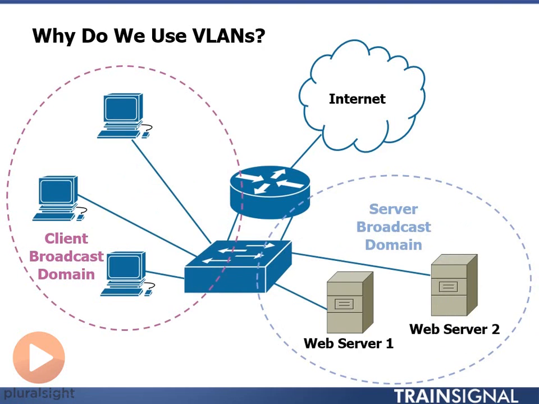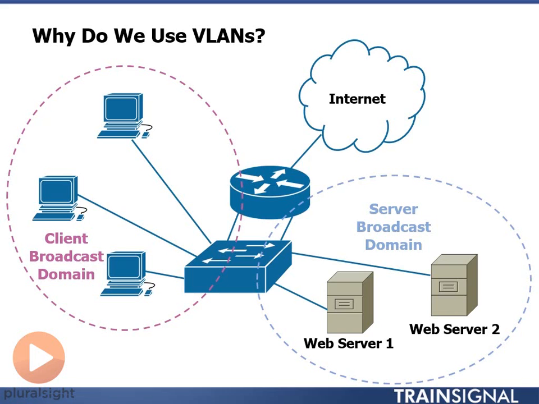You might be asking yourself, why would we just buy one switch and use VLANs versus buying two switches and not using VLANs? Well, switches are expensive. Cisco switches are especially expensive. A 24 port 3750 switch might cost you between $5,000 and $8,000 or more, depending if you needed other software on it.